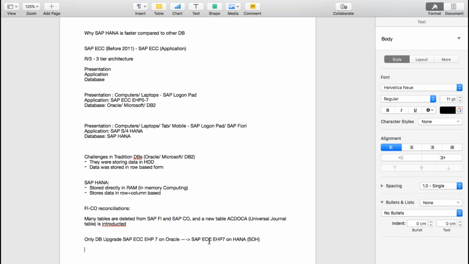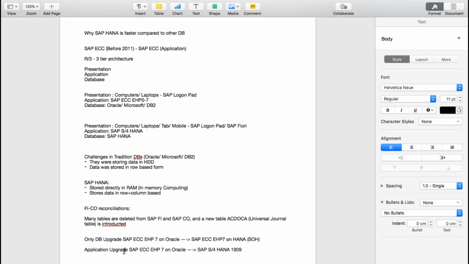But if you want to perform an application upgrade, it means you are going for SAP S4 HANA. So from SAP ECC EHP 7 on Oracle, if you do the application upgrade, then you will go to SAP S4 HANA, whatever the version, let's say in this case 1909.